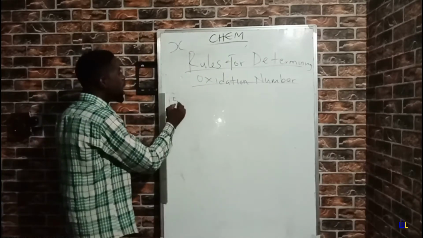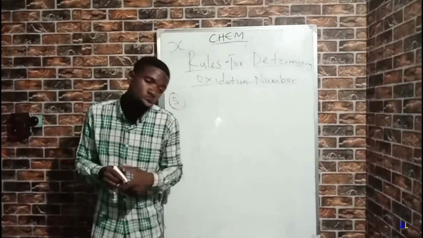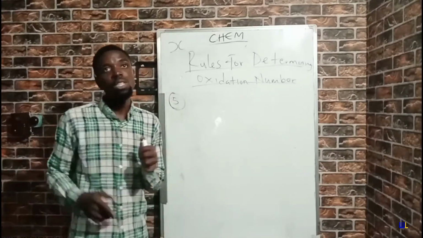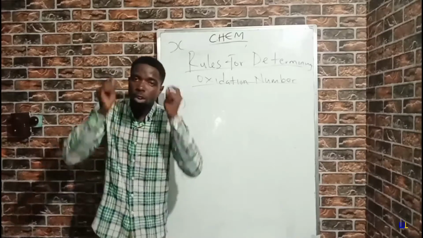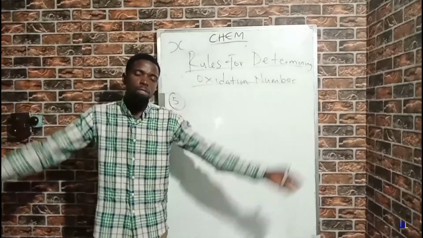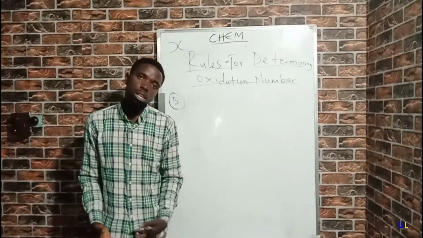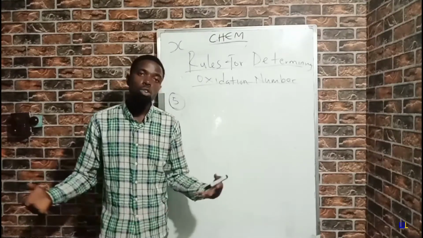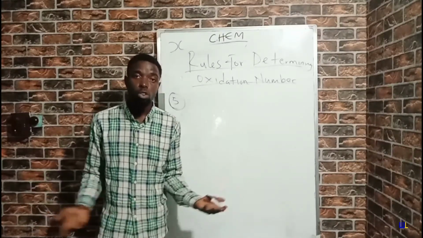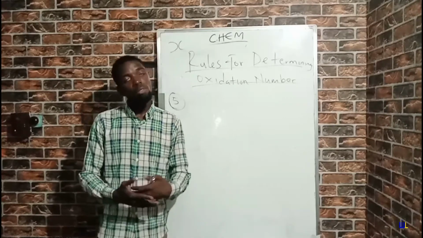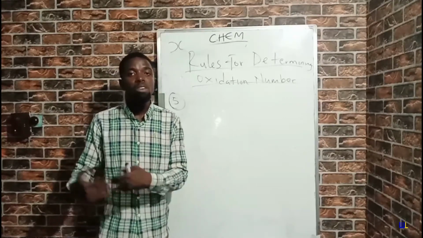Rule number 5. This rule is a very important rule, and for you to understand it, you need to have a little bit of understanding of the periodic table. First of all, the periodic table is segmented into 18 columns and about 7 rows. Out of the 18 columns, you have what we call the main group elements.